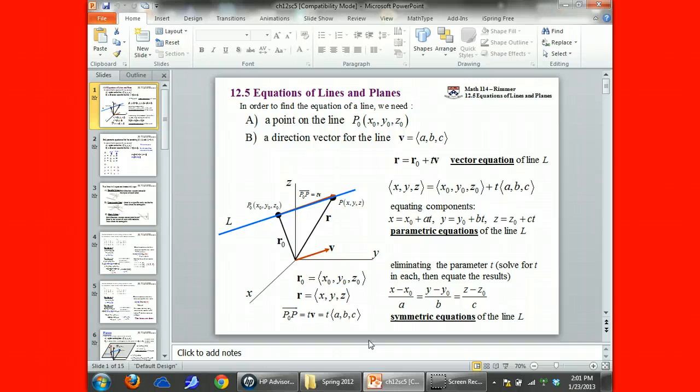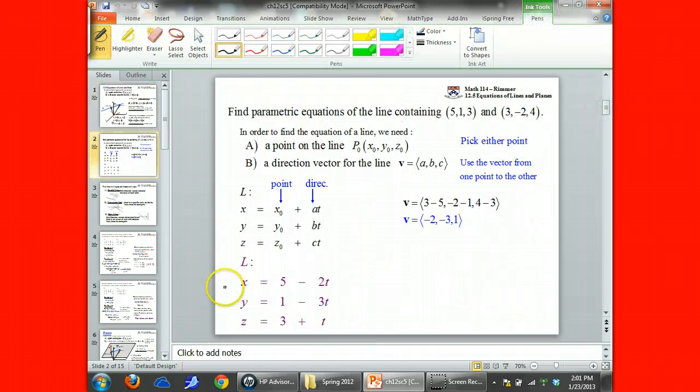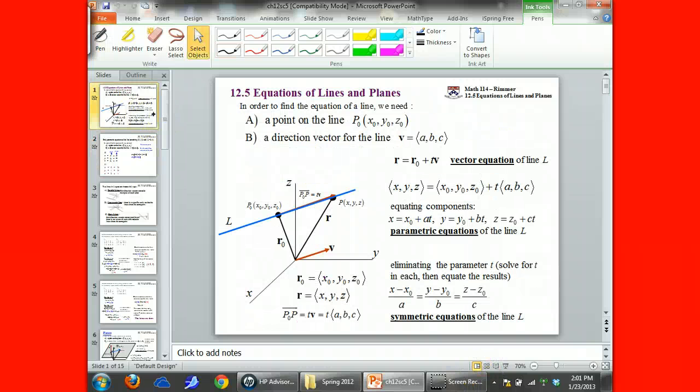And there are other forms of the equation of the line, but we're going to focus just on the parametric equation of the line. And so once you have the point and the vector, then the best way to write it is in this vertical fashion. And these are three equations that describe exactly all the points, coordinates, the x, y, and z coordinates of any point that's on the line.